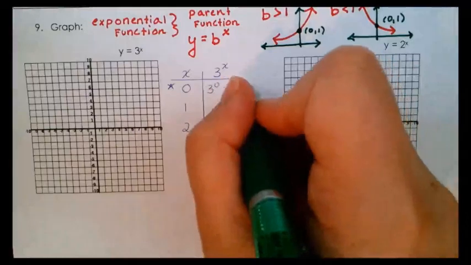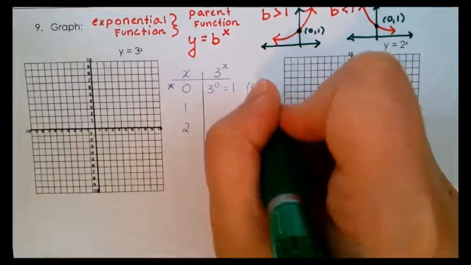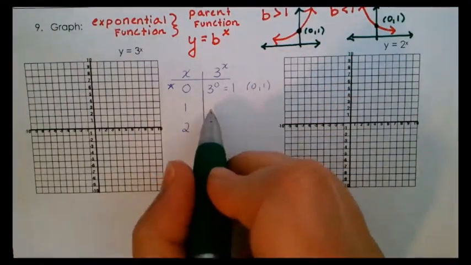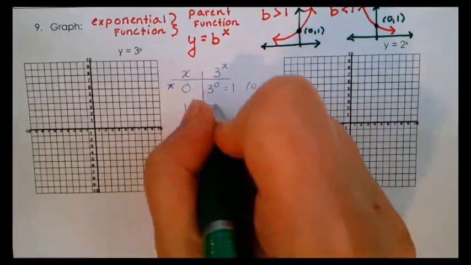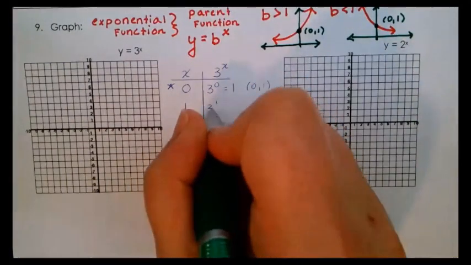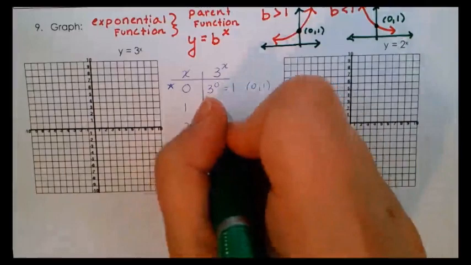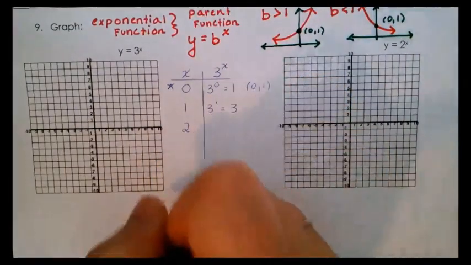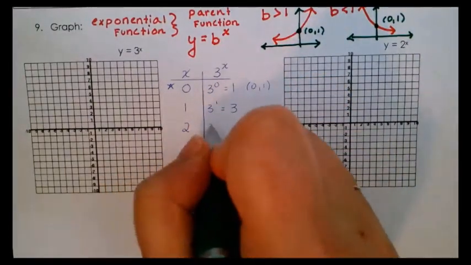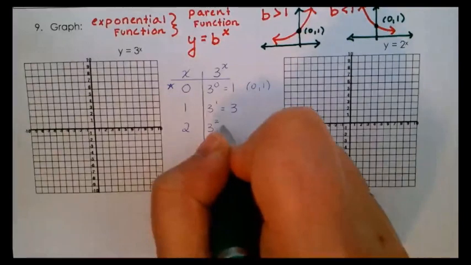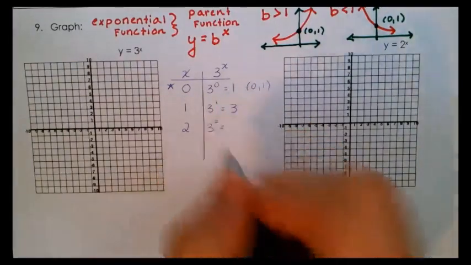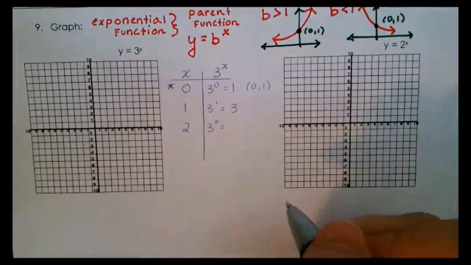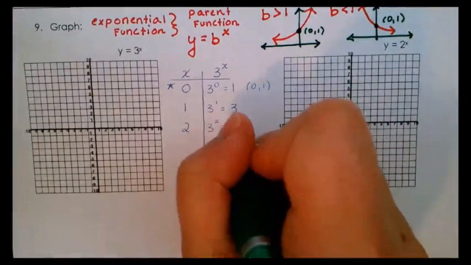So this is our first point, 0, 1. Now the next one, if I plug in 1 for the x value, 3 to the first power is just 3. And lastly, if I plug in 2 to the x, 3 to the second power is 3 times 3, which is 9.